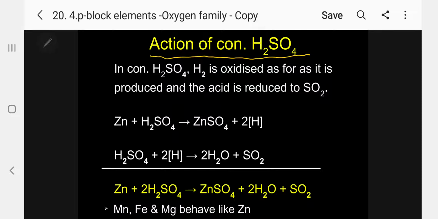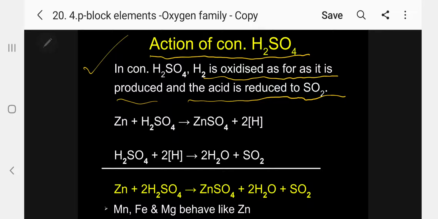Under the action of concentrated sulfuric acid, hydrogen is oxidized as soon as it is produced, and the acid is reduced to sulfur dioxide. That means the final product, hydrogen, will not be present. We have seen already that all the metals, alkali, alkaline earth metals, and among the transition metals those above hydrogen in reduction potential, liberate hydrogen with dilute sulfuric acid.